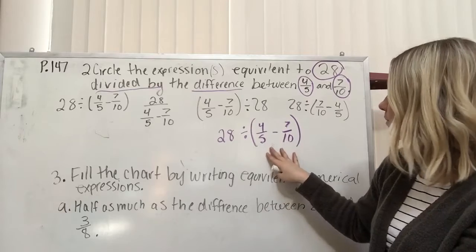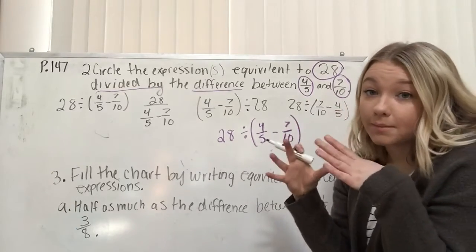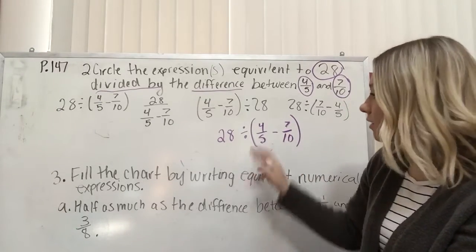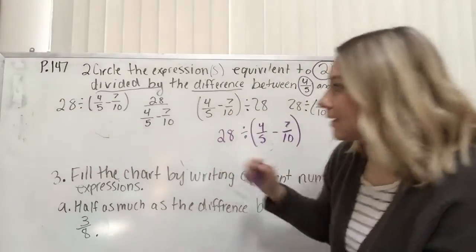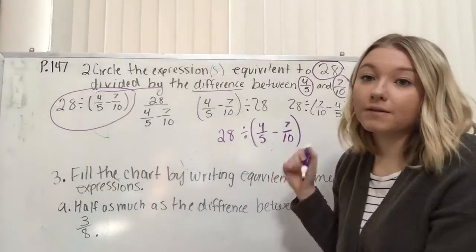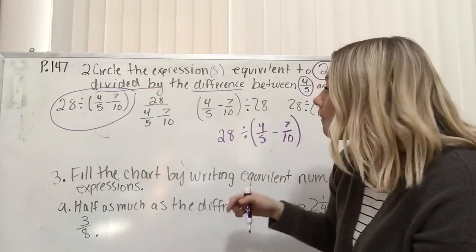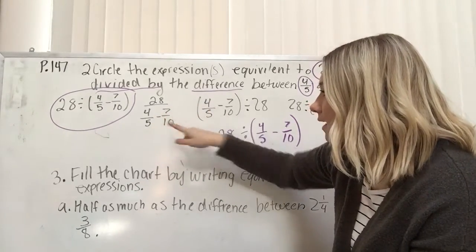So these pails go together. So I'm going to put parentheses with them. They're going to be in a group together. They're going to get hugged together, group hug. Okay? So now I know that I'm going to go through these expressions and say, oh, this matches perfectly. But then it's important to go through all of them to make sure if there might be an extra or might not be. So this is 28 over 4/5 minus 7/10.